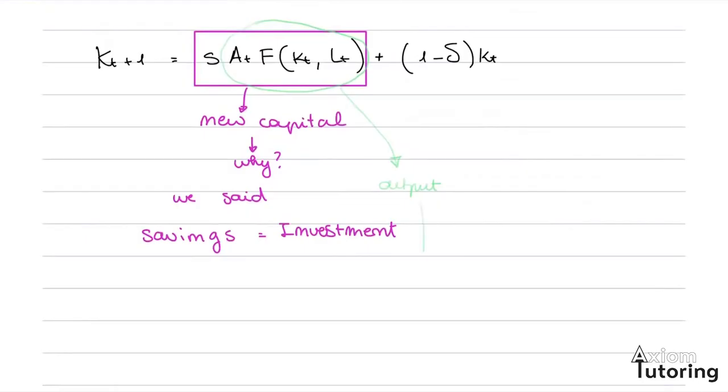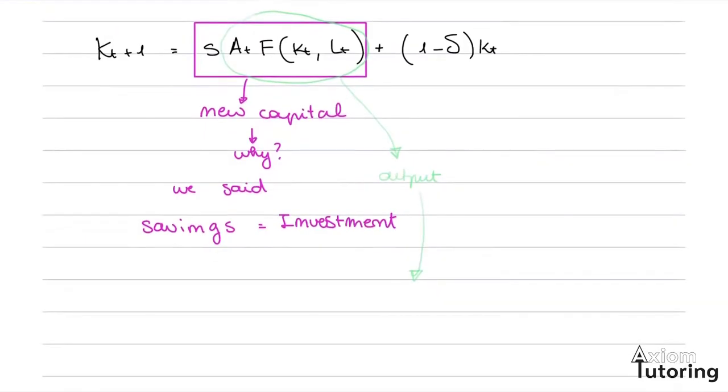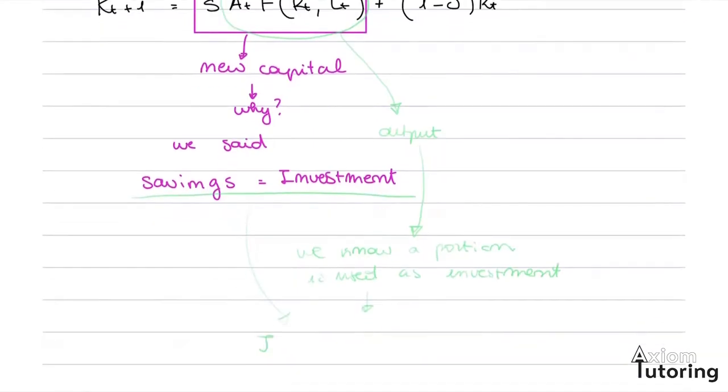And since we said that a portion of the output is used as investment, plus the fact that savings equal investment, we can derive that investment is going to equal savings, which itself equals small s, the savings rate, times output.